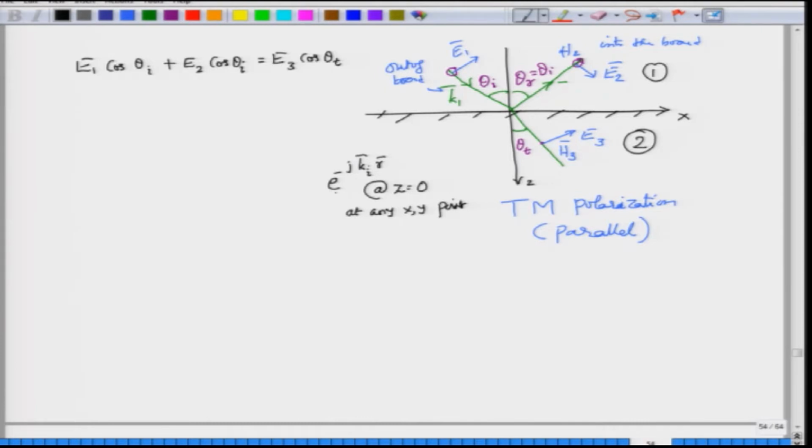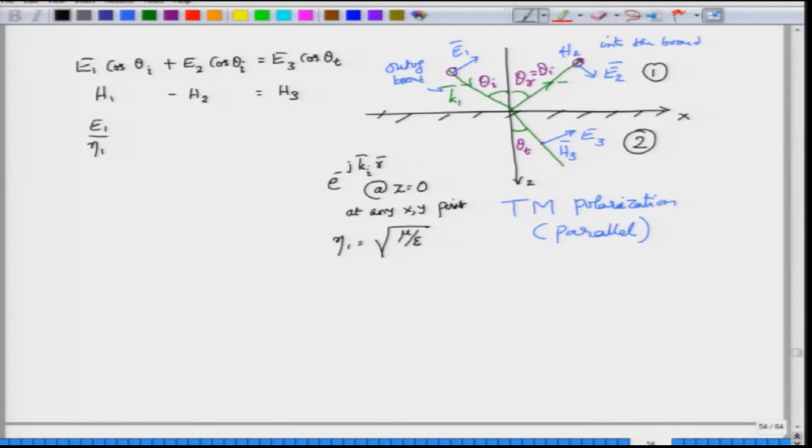Okay. Now, what about the magnetic field? Well, the magnetic field will be all tangential to the interface. Okay. So, you have H1 minus H2 equal to H3. In terms of E, we can write H1 as E1 divided by eta 1, where eta 1 is the medium impedance, eta 1 is square root of mu by epsilon, correct.